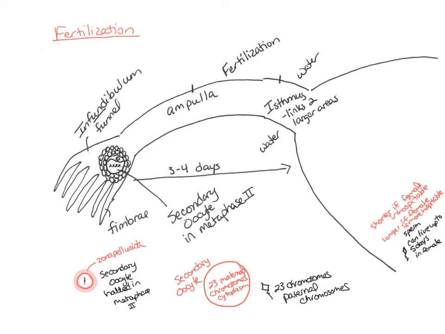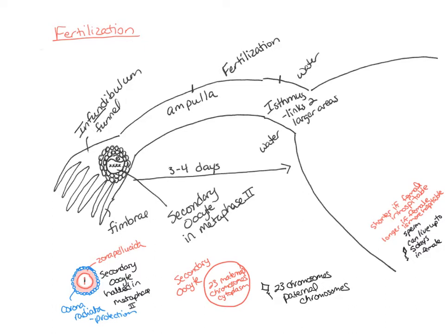Right outside the zona pellucida is a layer of follicle cells called the corona radiata. The corona radiata is necessary for protection as the secondary oocyte is pushed out of the ovary through the ruptured follicle wall and as it makes its way to the infundibulum in the uterine tube.